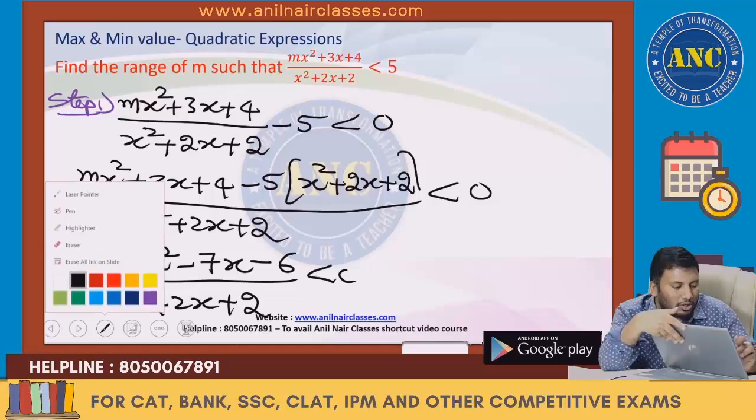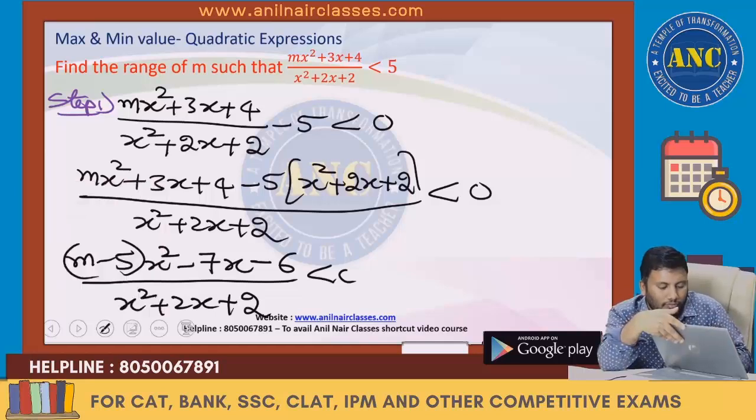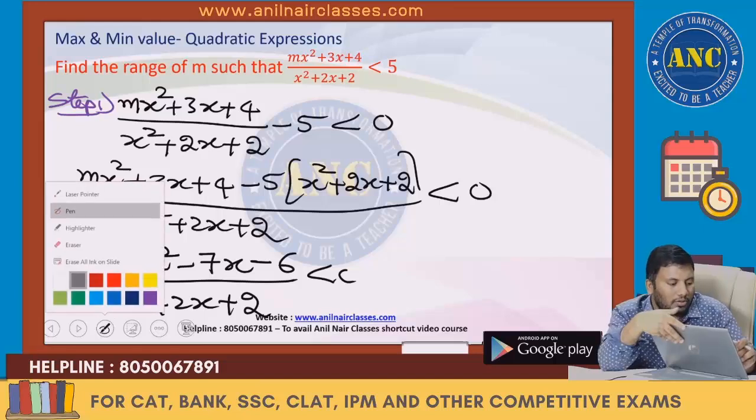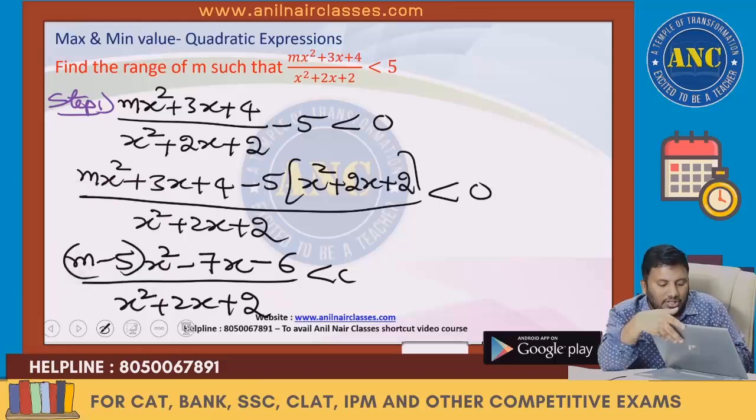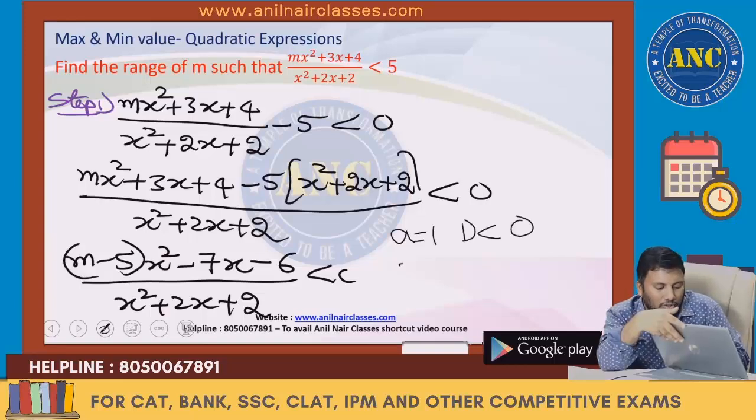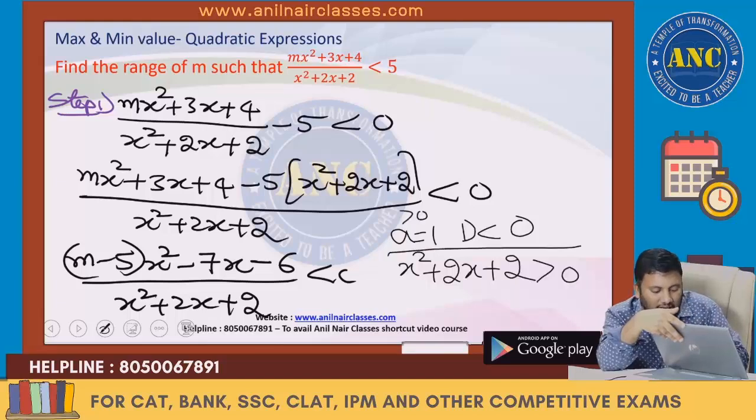Step number 2. For x square plus 2x plus 2, a is 1 and d is less than 0. This is nothing but a is 1, greater than 0, so this is greater than 0.